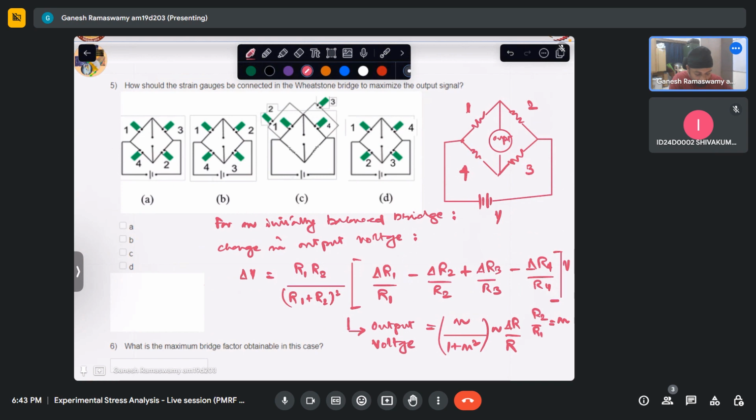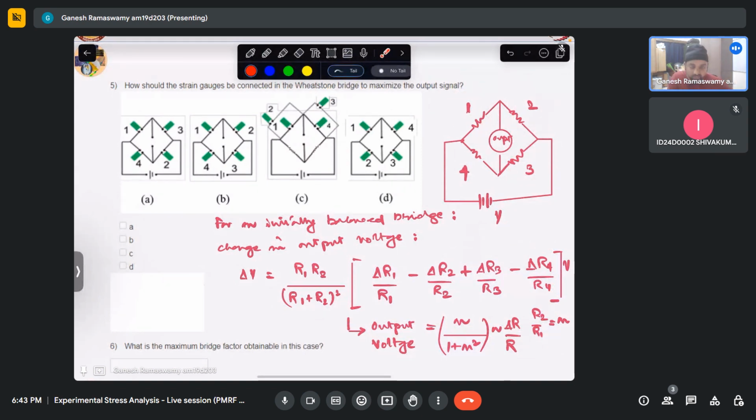So based on this, when we take the total derivative, we get this expression. What this implies is that like strains need to be in the opposite arms, and unlike strains need to be in the adjacent arms, so that your output maximizes.